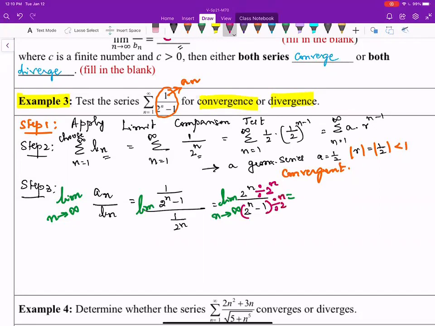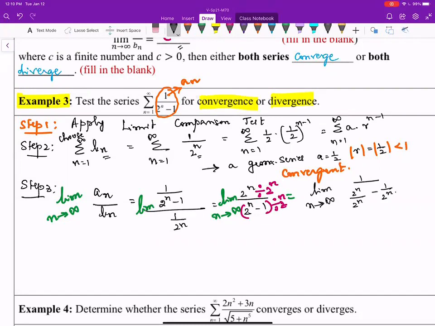So we divide the numerator and the denominator by 2 to the power n. So this will be limit as n approaching infinity, 2 to the power n over 2 to the power n, that is 1. Then for the denominator, you divide each term by that 2 to the power n, and it's 1 over 2 to the power n.